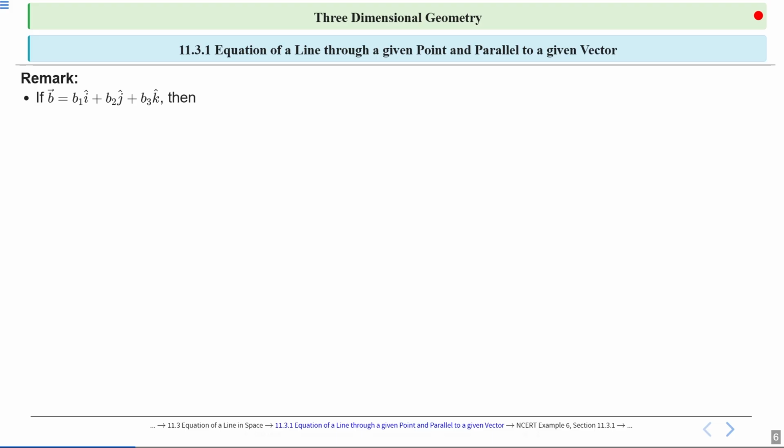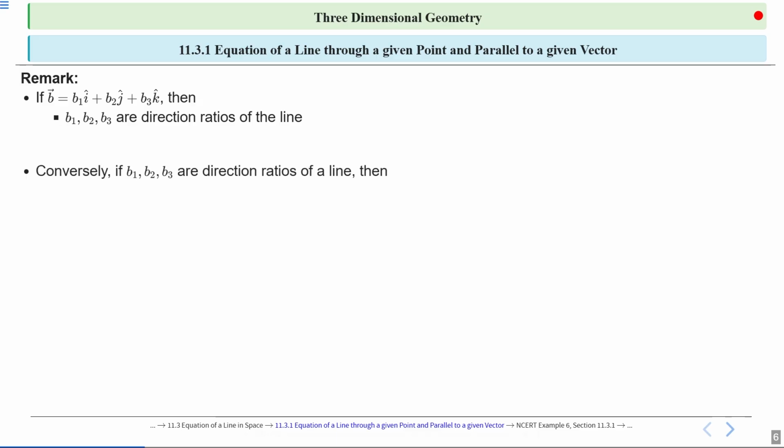Here b1, b2 and b3 are the components of the vector along the x, y and z axis. The numbers b1, b2 and b3 are called the direction ratios of the line.